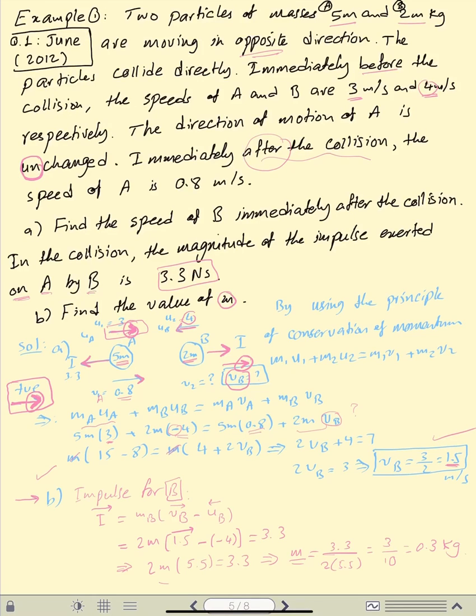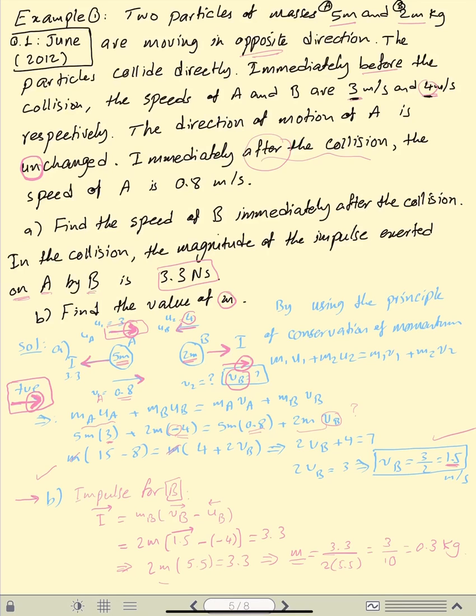The particles collide directly. Immediately before the collision, the speeds of A and B are 3 and 4 meters per second respectively.